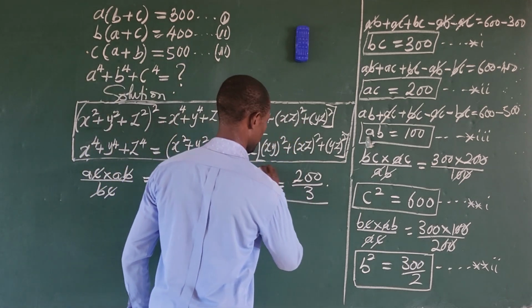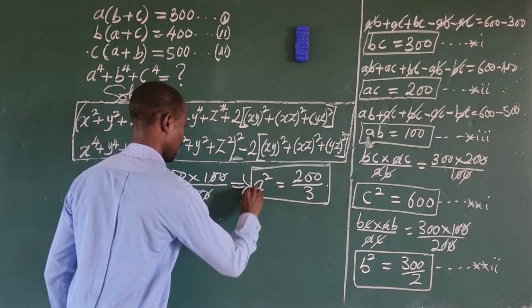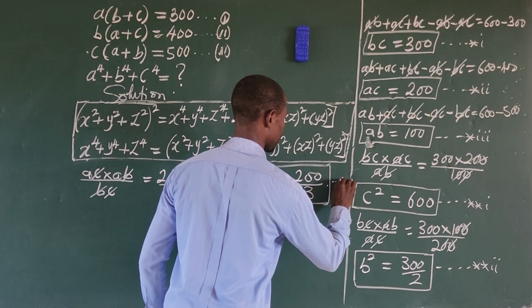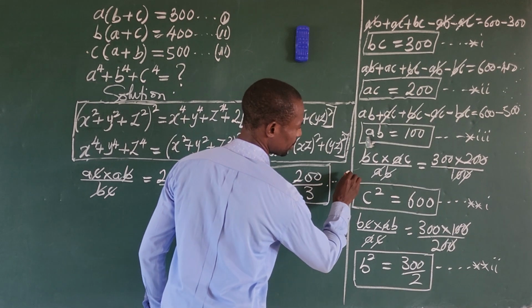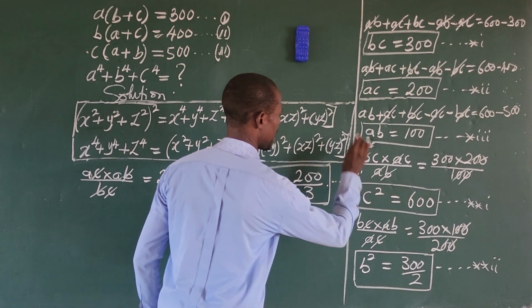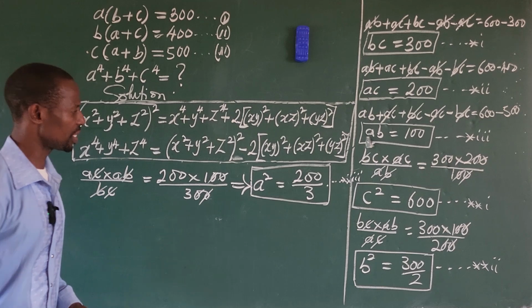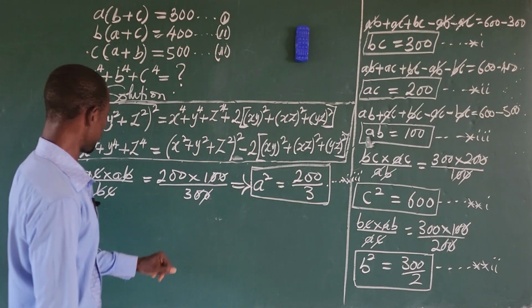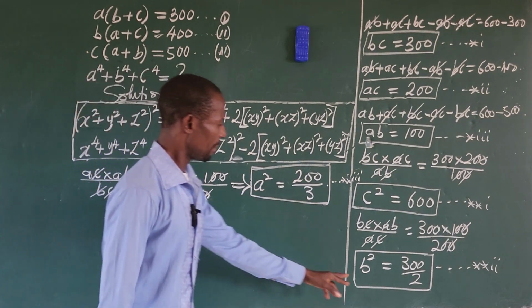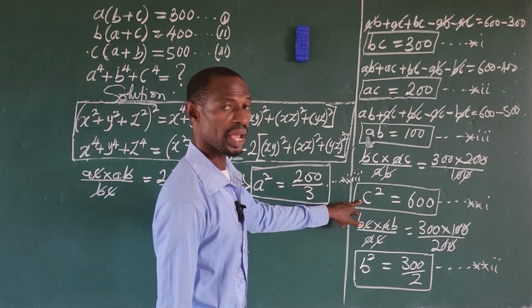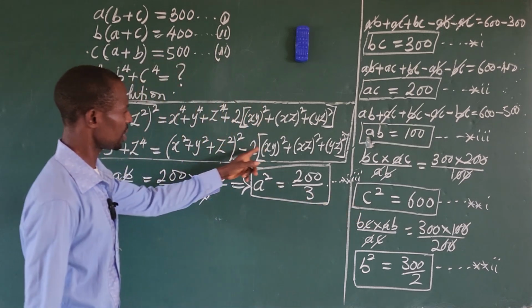Again, label this as our equation star III. Sorry, let's just manage the space there. Okay, so we now have our A squared, B squared, C squared. Look at our equation here.